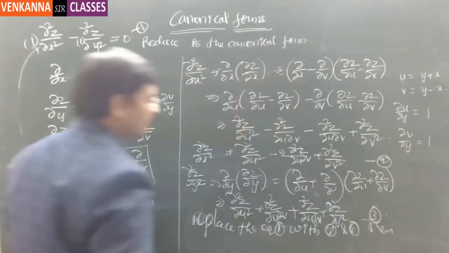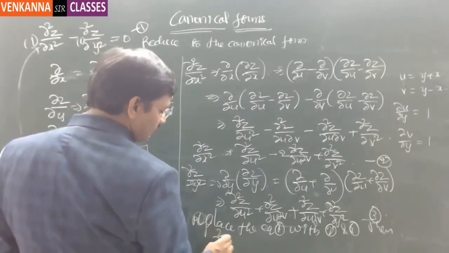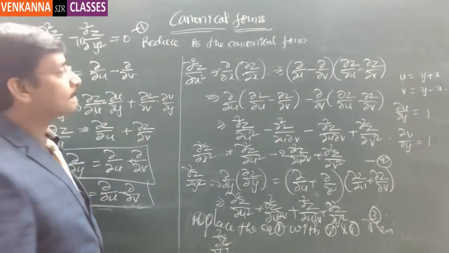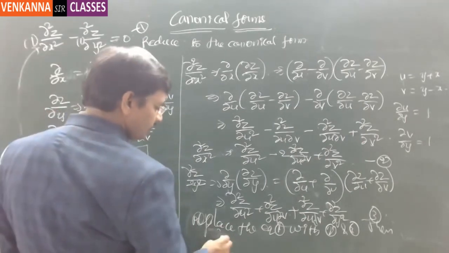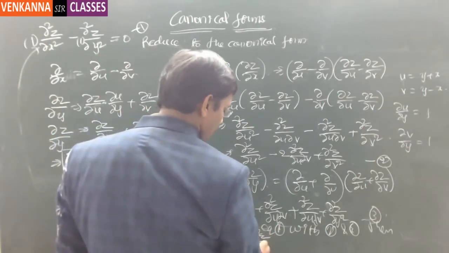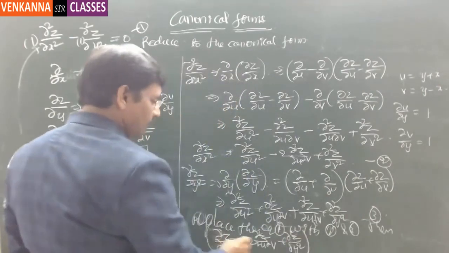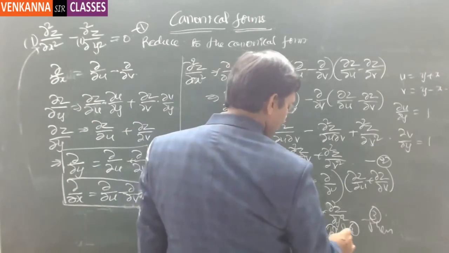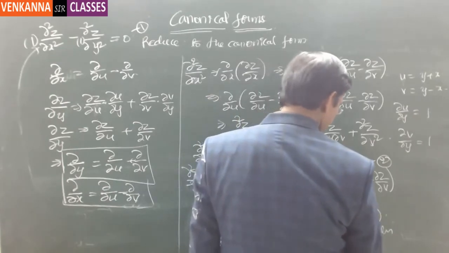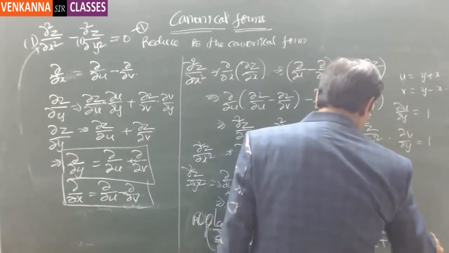Then what we are going to get is ∂²z/∂u² − 2 ∂²z/∂u∂v + ∂²z/∂v², minus ∂²z/∂u² plus ∂²z/∂u∂v plus ∂²z/∂v² equal to 0.